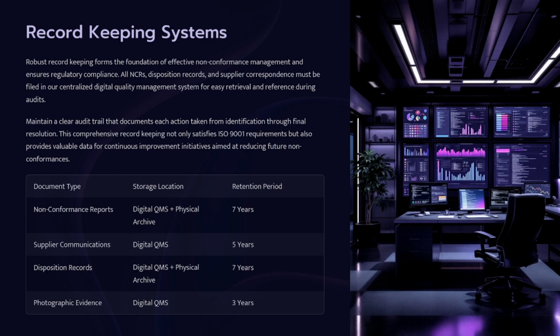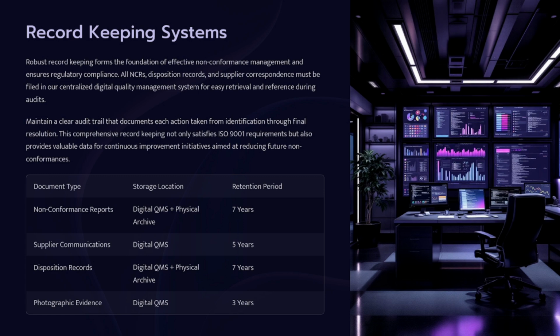The auditor may ask what non-conformances you found during your inspection, or what non-conformances you have received from your client. You need to show them so they will understand what is going on at site, and from there they can evaluate. So, robust recording forms the foundation of effective non-conformance management and ensures regulatory compliance.